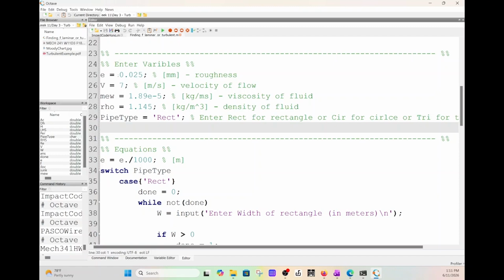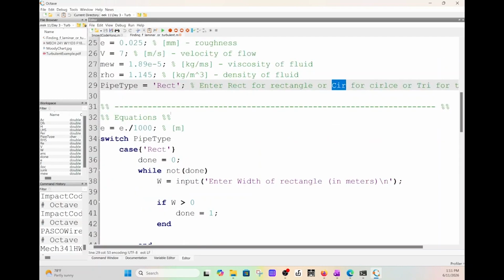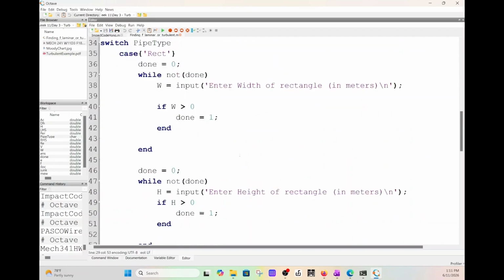But if you're curious and you have some experience in programming, you can open this up in MATLAB or Octave, enter your epsilon, put your velocity, your dynamic viscosity, your density, and tell me if it's circular or a rectangle. Okay. Then you don't have to change anything down below. If it's a rectangle, it'll ask you some questions.